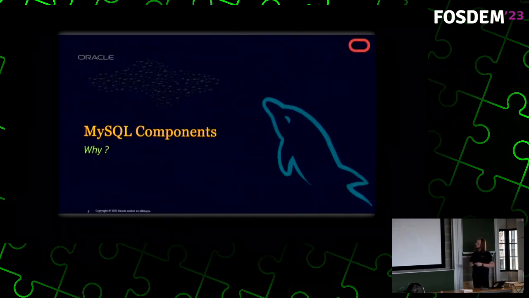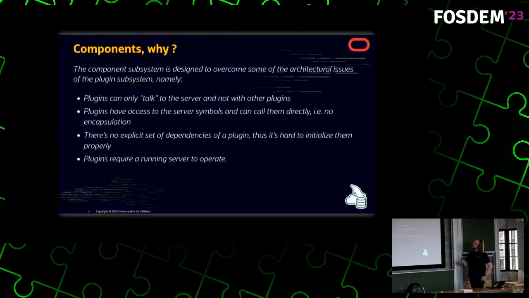So why do we need to use this MySQL component? It's because the subsystem of these components is designed around some issues with the plugins. For example, the plugin can only talk to the server and not with other plugins. Here, with components, you could have some components talking to other components. That's something possible.